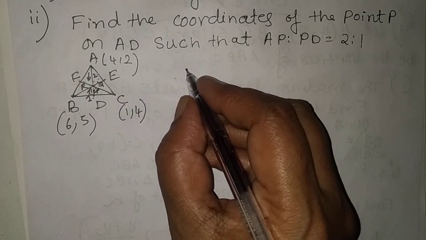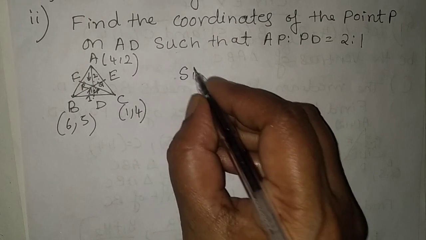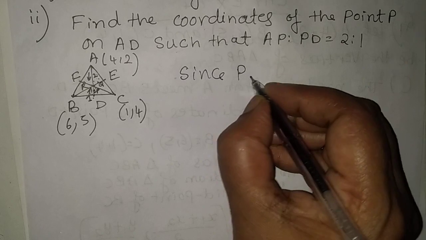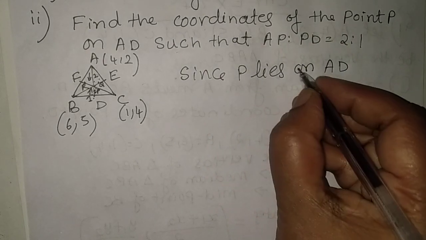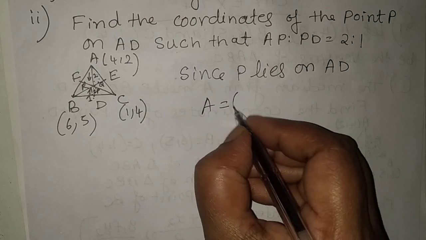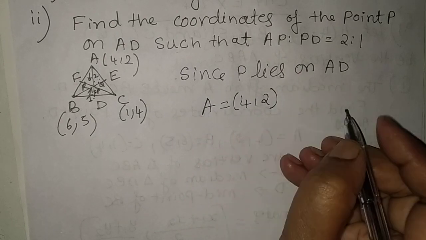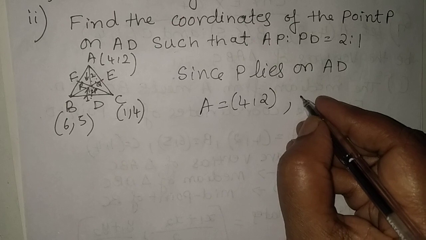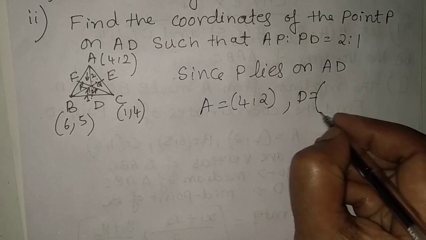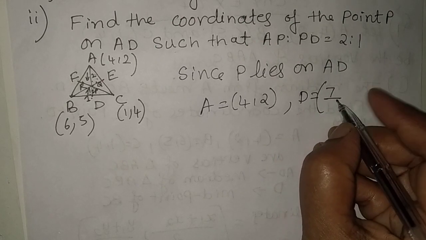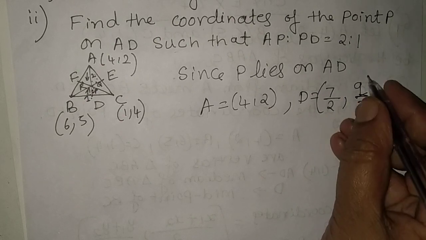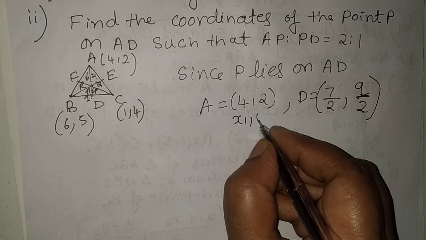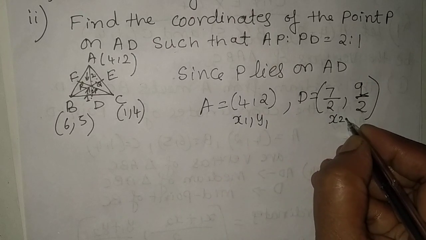So what are the data we have to take? Since P lies on AD, we have to take A equal to (4, 2) and D we found out in the previous section, that is part 1, (7/2, 9/2). And this is x1 y1, this is x2 y2.